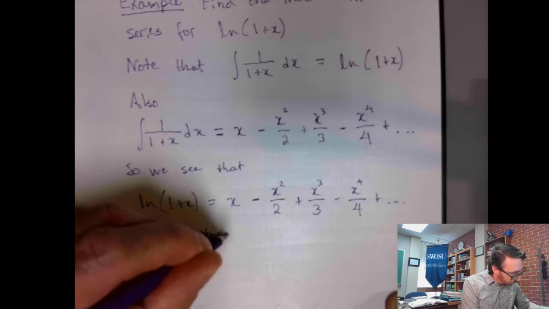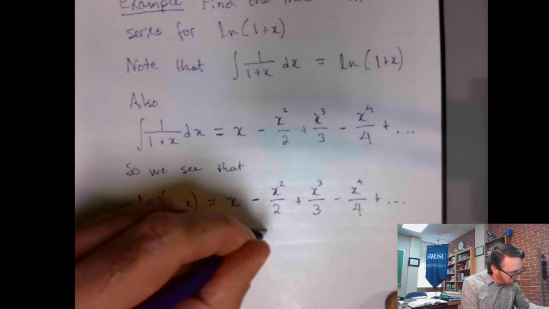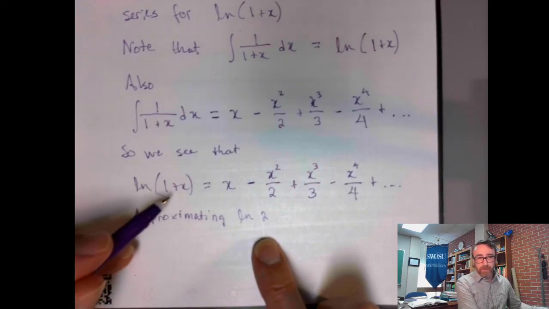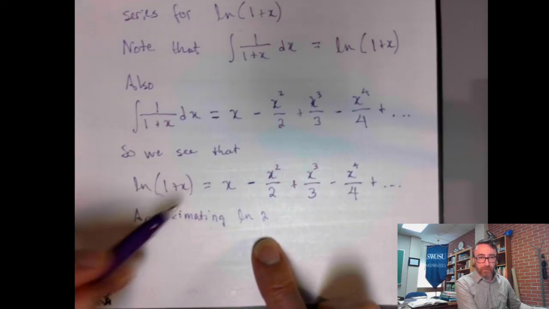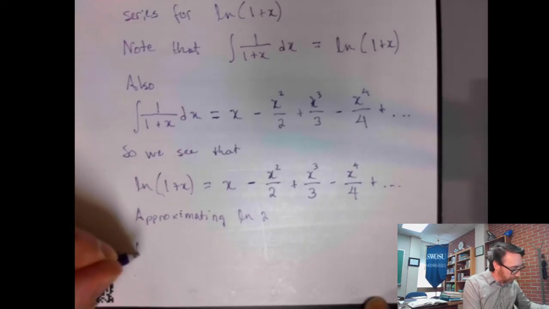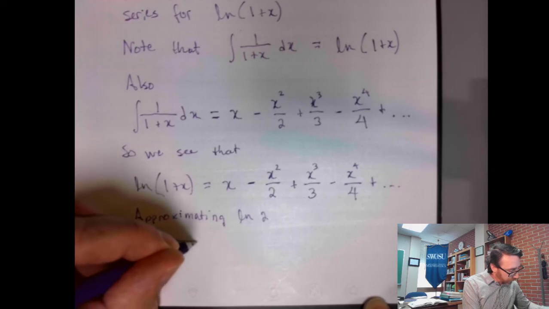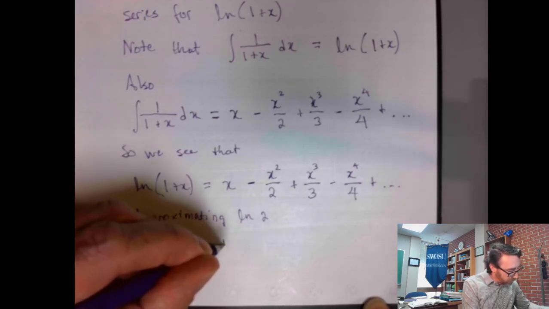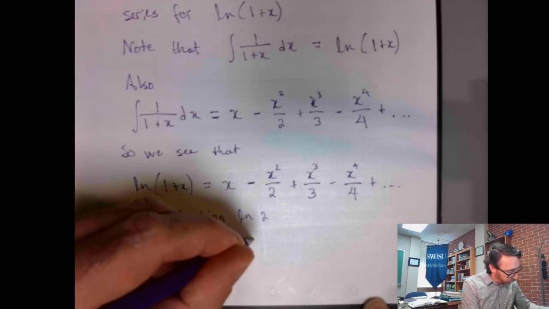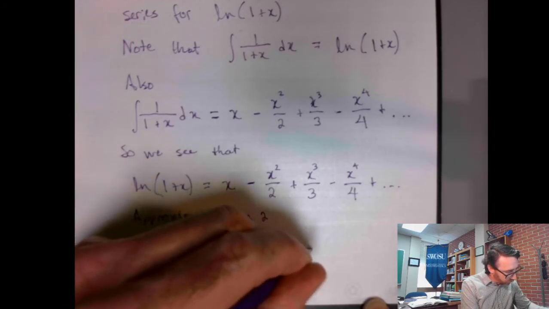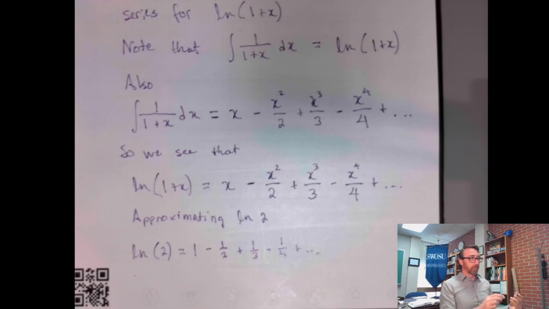We'll talk about approximating ln 2. All right, well, in this series we can see, if I plug in x equals 1, the left-hand side will be ln 2. And the right-hand side would be 1 minus 1/2 plus 1/3 minus 1/4, and it would keep on going like that.